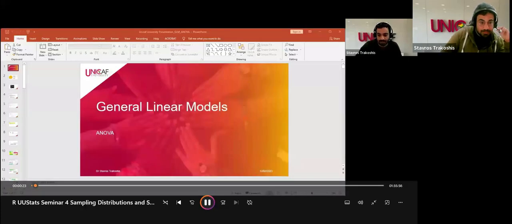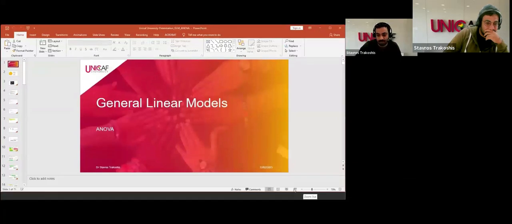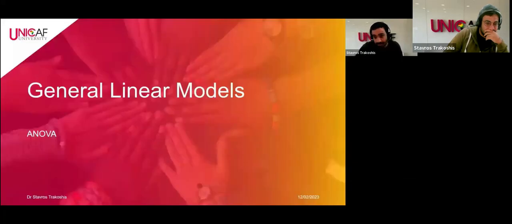So I've read both accounts of ANOVA, which is to present it within the context of a general linear model, and the one that just presents the formulas or the equations behind ANOVA. And I find that presenting ANOVA within the framework of the general linear model makes much more sense.